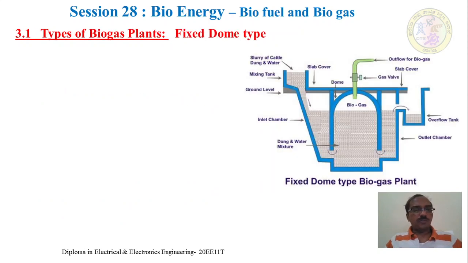Okay. So there are two types that we have discussed: one is what we call the fixed dome type, and another one is the floating type. First we'll try to learn about this fixed dome type. The name itself suggests the upper dome where the gas is collected is fixed. It is not floating.